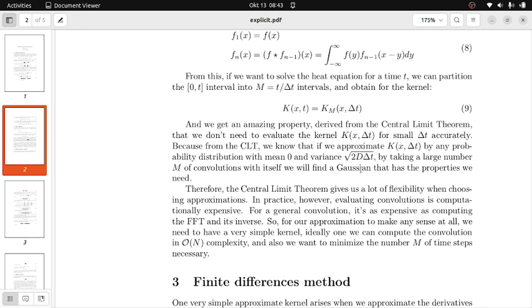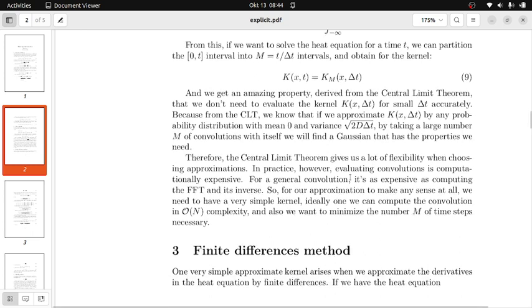So, as you can see, what this tells us is that the approximation for the kernel can be pretty much anything, but you must remember that calculating convolutions is expensive, right? So for the approximation to make any sense at all, you need to be able to evaluate it fast, and ideally also run in a small number of steps, because the larger the number of steps, the more computationally heavy your algorithm is.